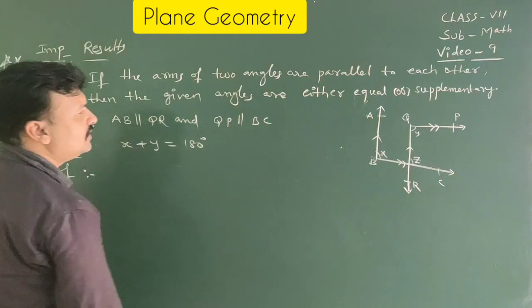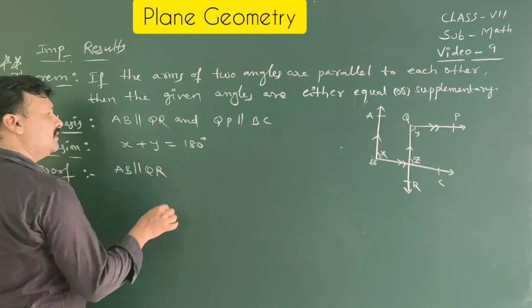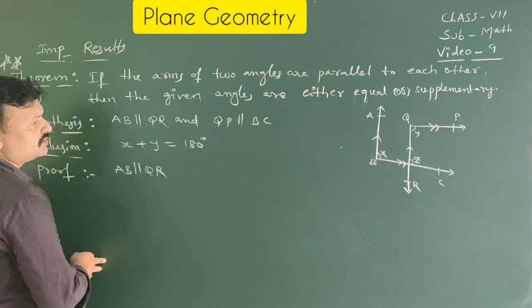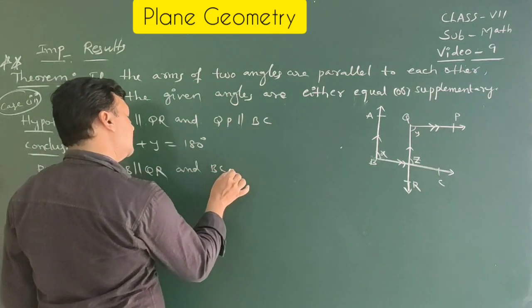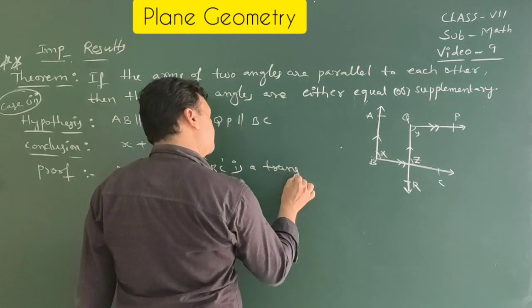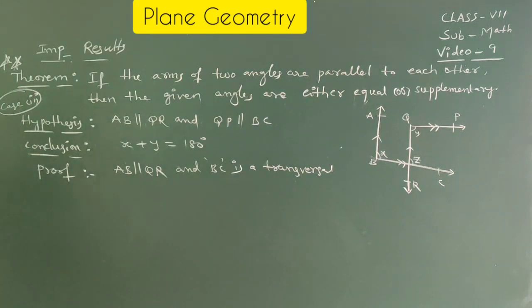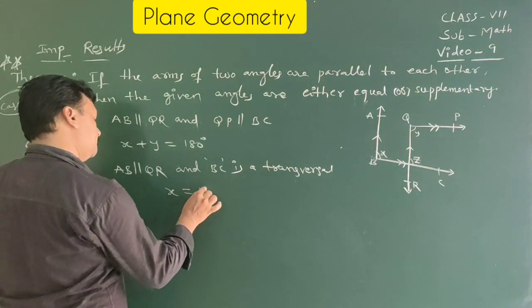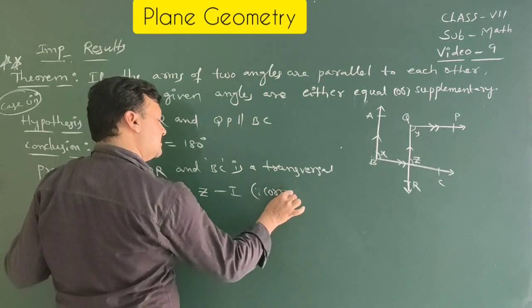Now, proof. First, AB parallel to QR and BC is a transversal. Here X equals Z, corresponding angles.